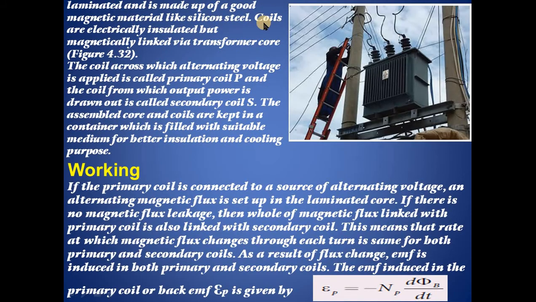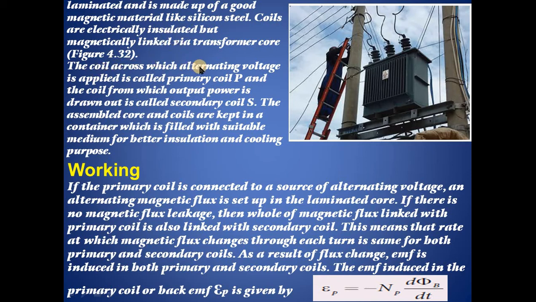Next, the coils are electrically insulated but magnetically linked via the transformer core. So the core should be laminated, that means insulated, because of that we reduce the eddy current.